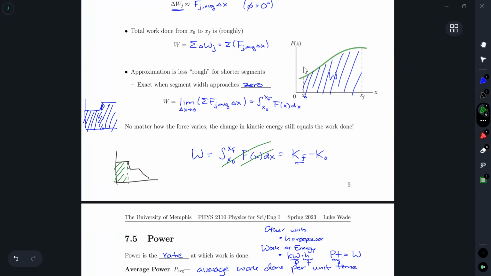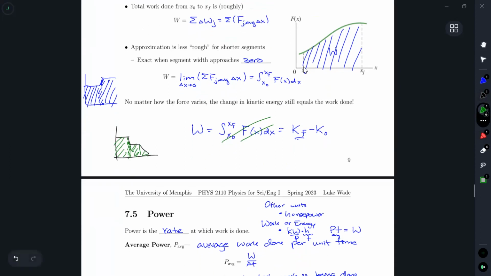I know the area of that. That's a little triangle. That's another rectangle, another rectangle. Integrating in that sense, finding the area under the curve just with some geometry, length times width, 1/2 base times height for a triangle. Adding all that up to figure out the total work done between 2 points.